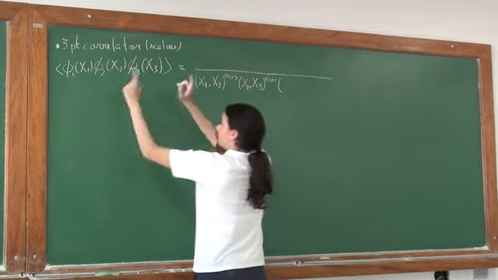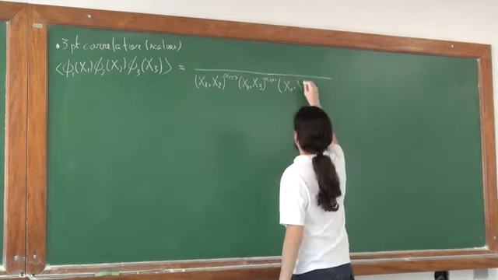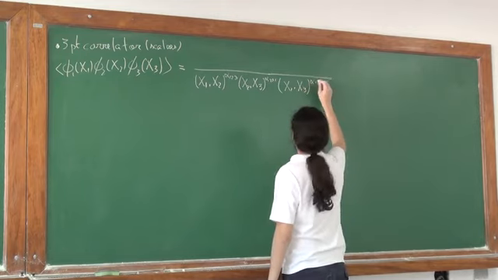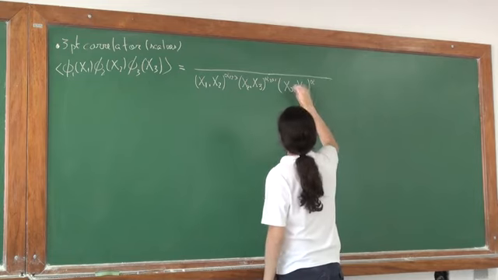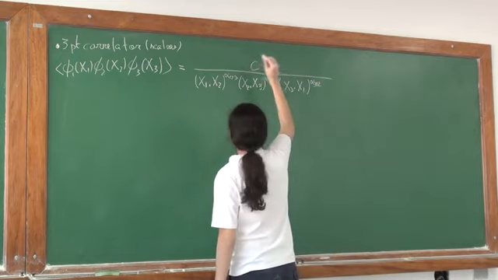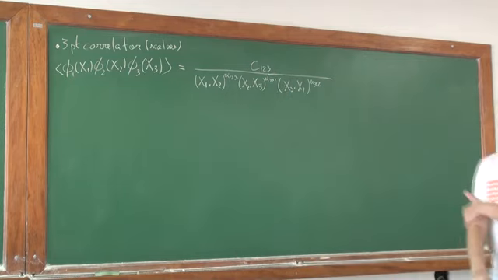And then I can make a scalar product between x1 and x3 with yet again another power alpha 3, 1, 2. Okay, and the coefficient C1, 2, 3 here.